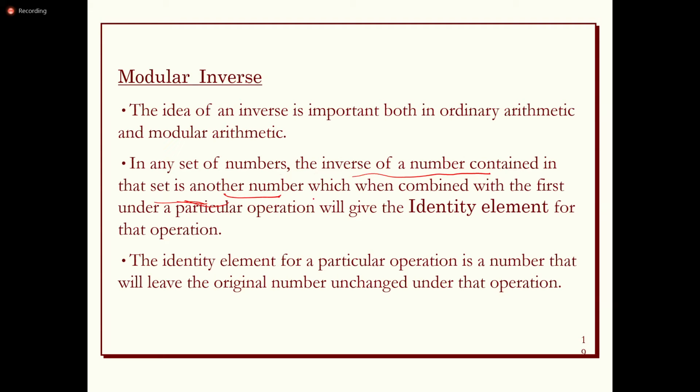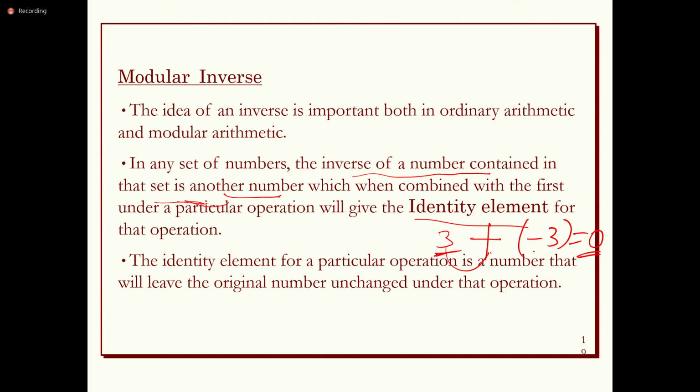Whenever we combine that with the operation, the inverse number and the number for which we are finding the inverse will give the identity element, either for addition or multiplication. In normal mathematics, the additive inverse of 3 will be -3, because if we add 3 with -3, we get the result 0.